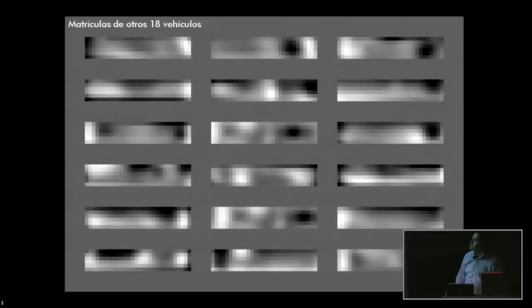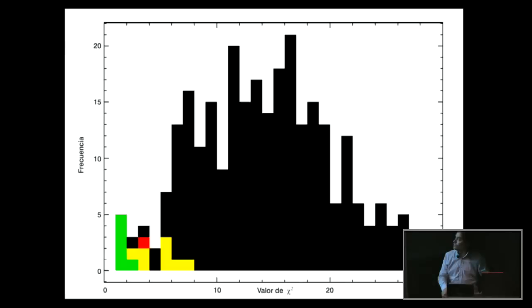So what we did was compare each plate with all the others. At the end we had about 400 comparisons. When we plot all the results of the chi-square test, all the plates from the suspicious car and their reconstructions go to the left, to the minimum values of the graph.